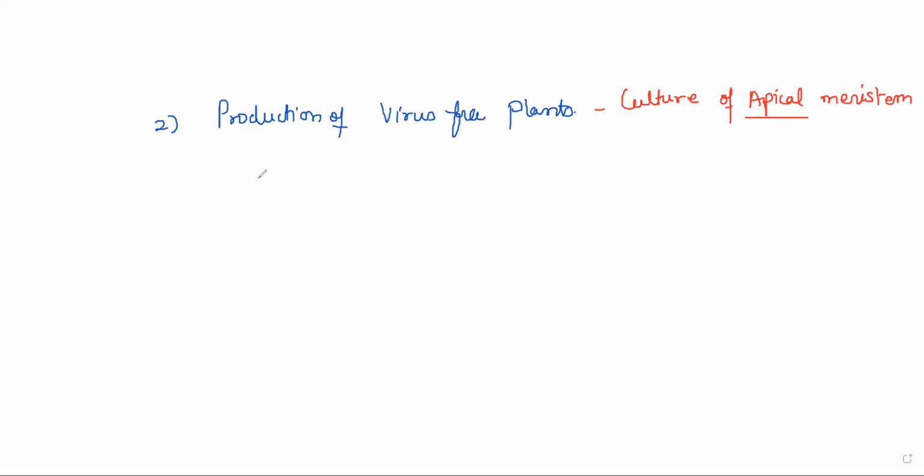So here what I just give you as the important point is that apart from using an apical meristem, there are other methods also. For example, the high temperature treatment. High temperature treatment is given to obtain a virus-free plant.